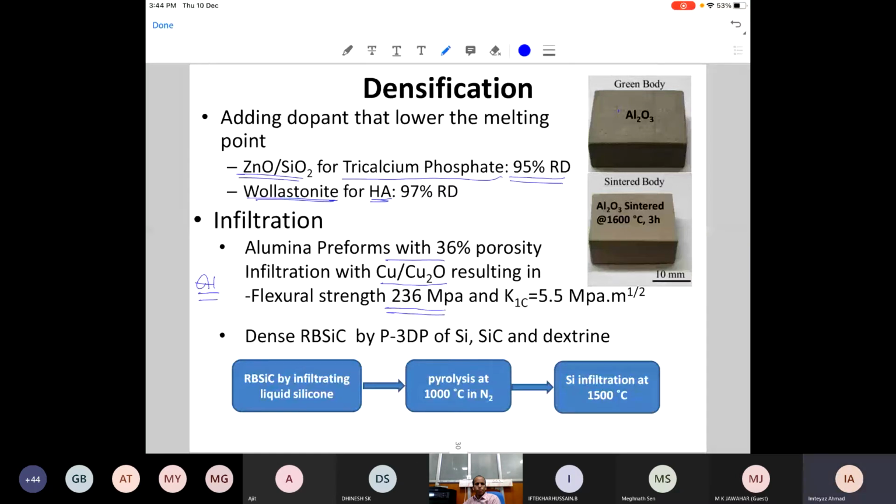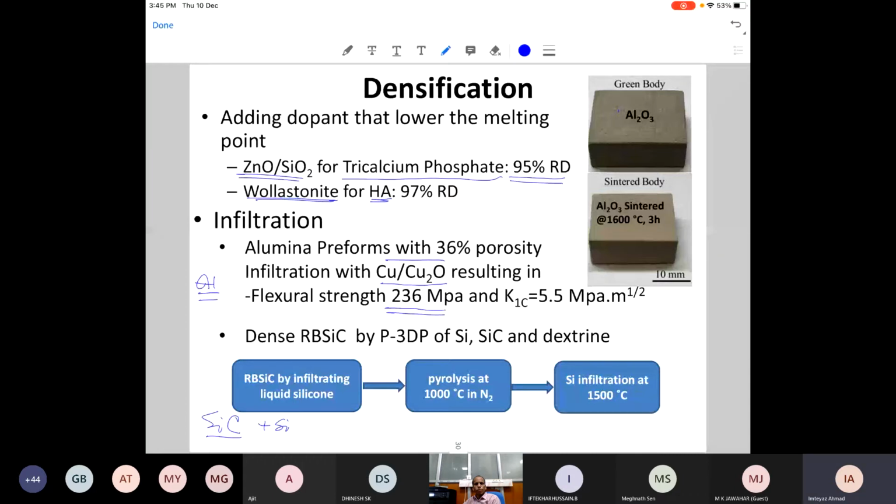And then there are examples of reaction bonded silicon carbide being produced by this process. What people do is they add the powders together, because reaction bonding, what it does is you apply silicon carbide with some silicon, and then you heat them.